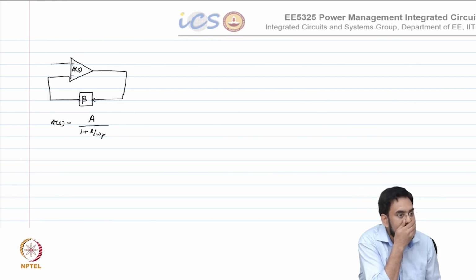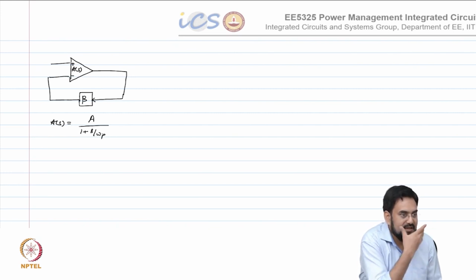So it's a first order system, which means you have only one pole and your DC gain is A.